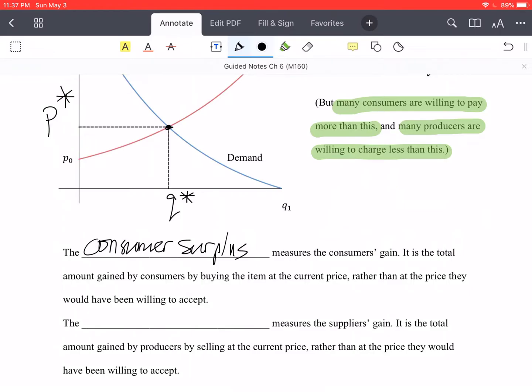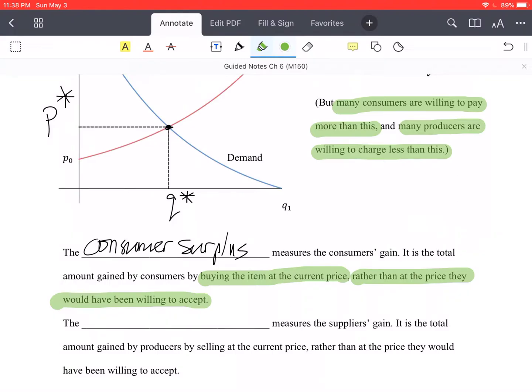It is the total amount gained by consumers by buying the item at the current price rather than at the price they would have been willing to accept. Okay, so in other words, as a consumer, if I'm going to buy a candy bar, say, the current price for a candy bar is $1, and that's the equilibrium price.